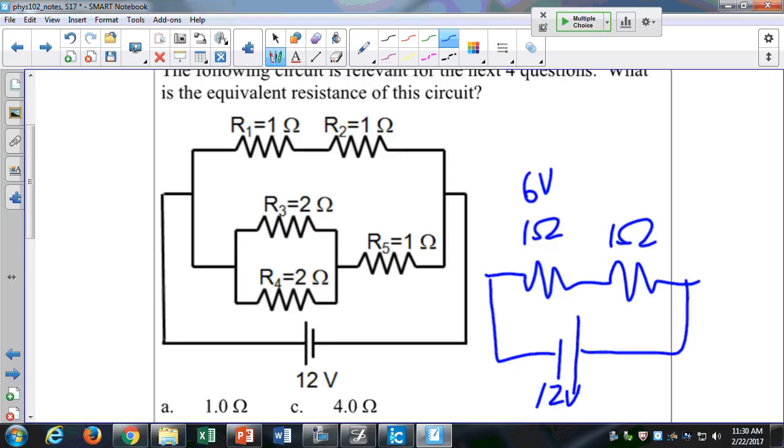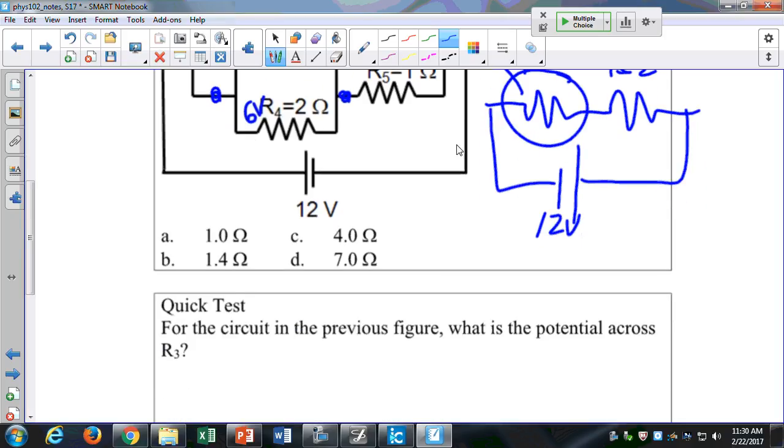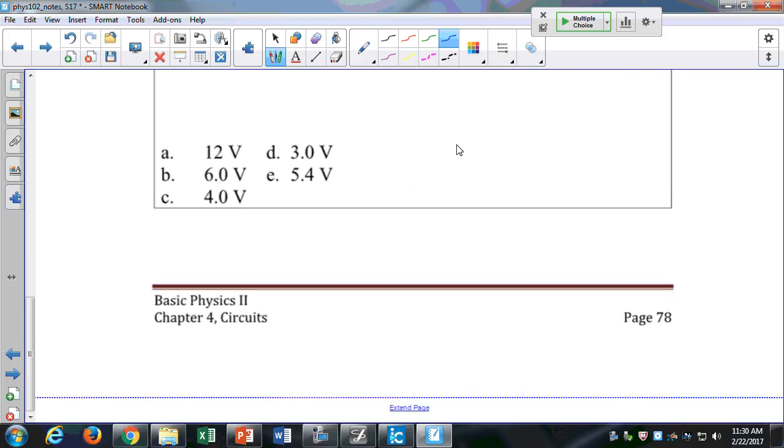So that means I have 6 volts and 6 volts. But this one is here, so I have 6 volts between here and here, which means I have 6 volts there and there. So for most of the tests, you don't even have to do any calculation. You can look at the circuits and determine the answer.